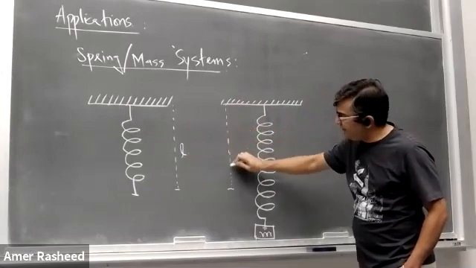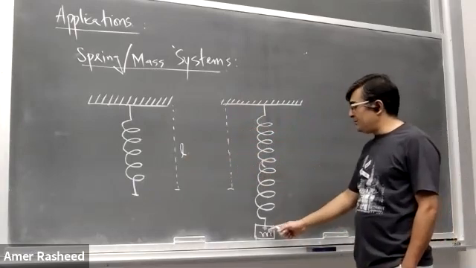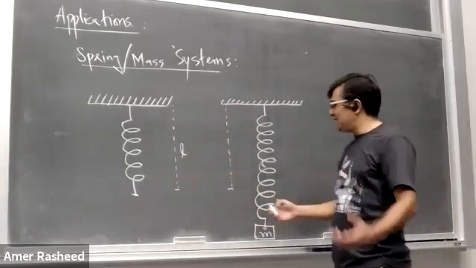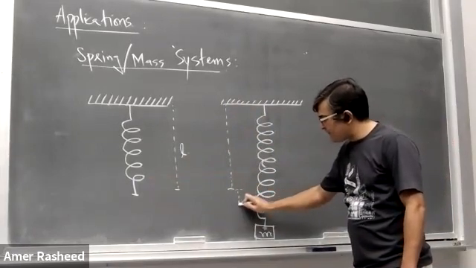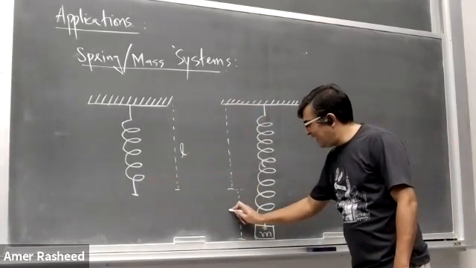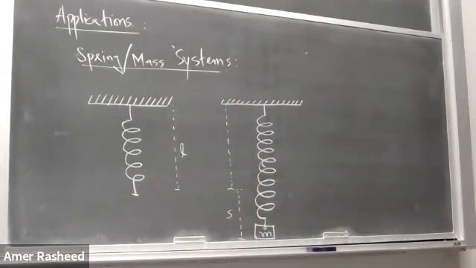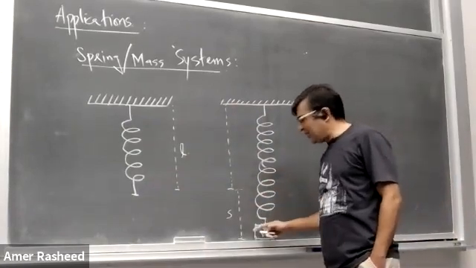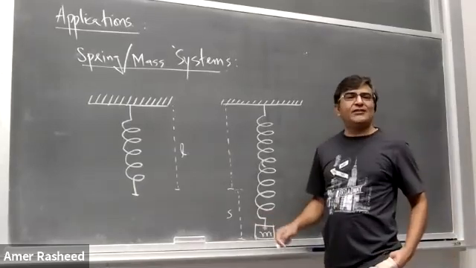Okay. After attaching a body or an object of mass m to this spring, definitely there will be a stretch in this spring, and we assume that this stretch is S. There is a stretch in this spring due to what? Due to the weight of this object.